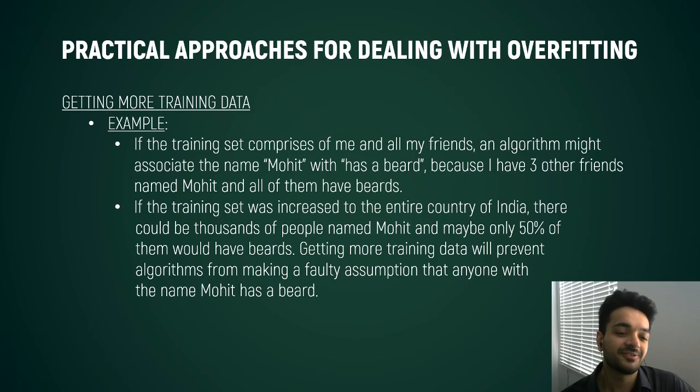And if the training set was increased to the entire country of India, there could be thousands of people named Mohit. Maybe only 50% of them would have beards. So in this case, getting more training data will prevent algorithms from making a faulty assumption that anyone with the name Mohit has a beard.